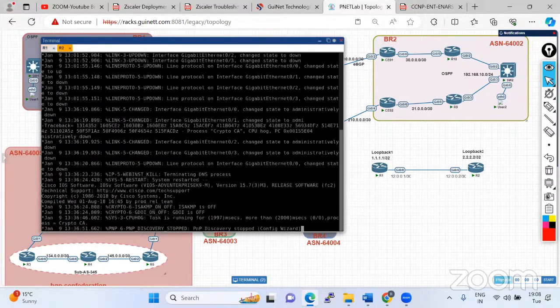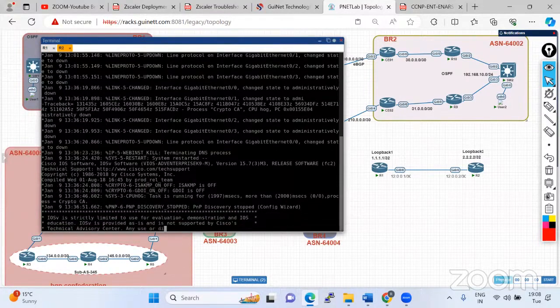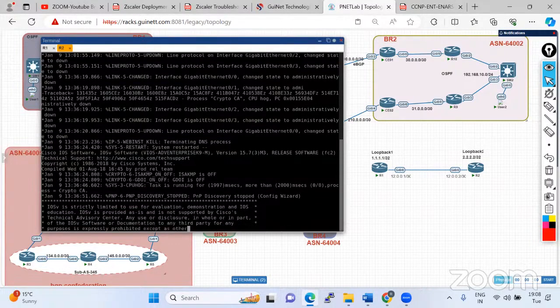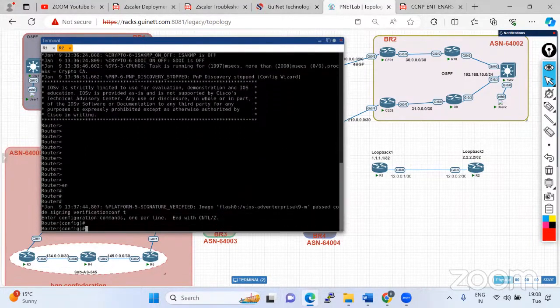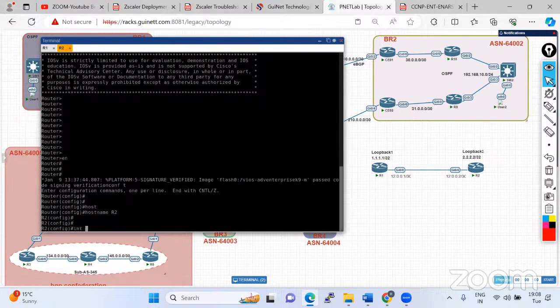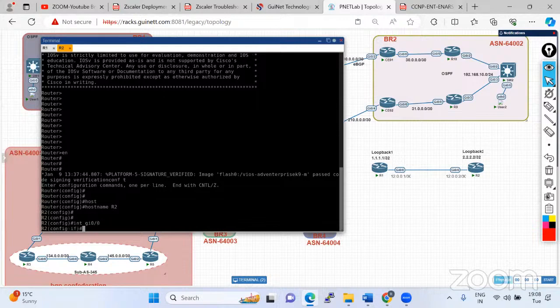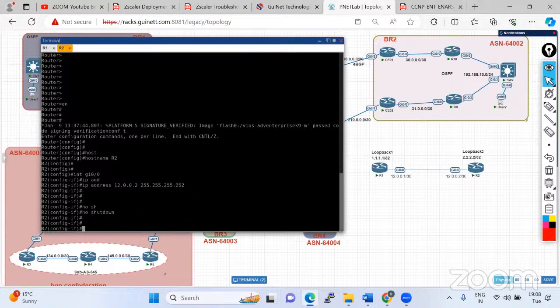Similarly, I'll go on R2: hostname R2, interface gig 0/0, IP address 12.0.0.2, 255.255.255.252, no shut.